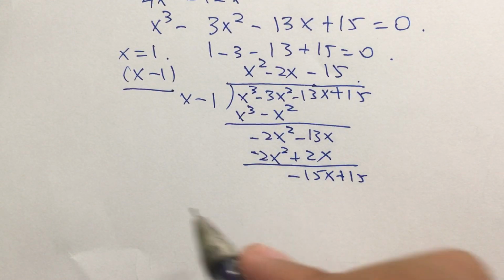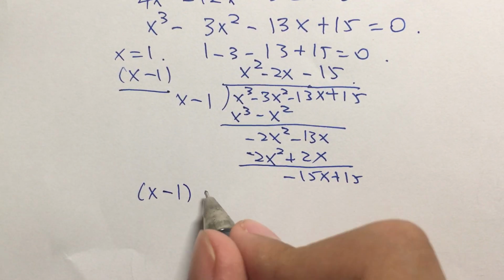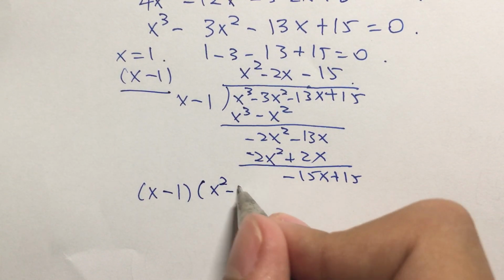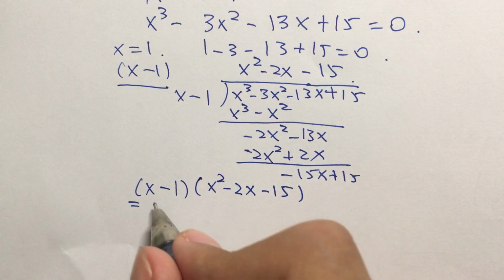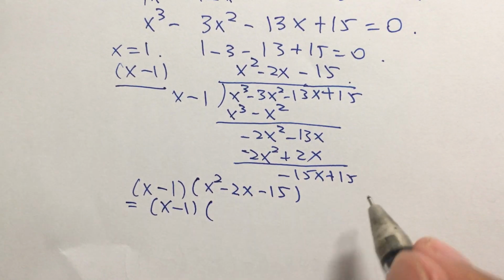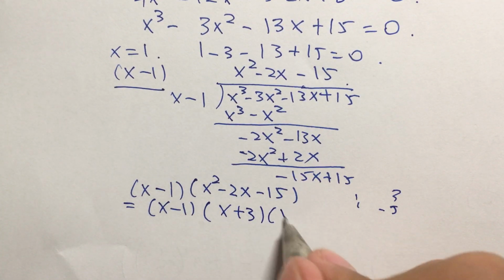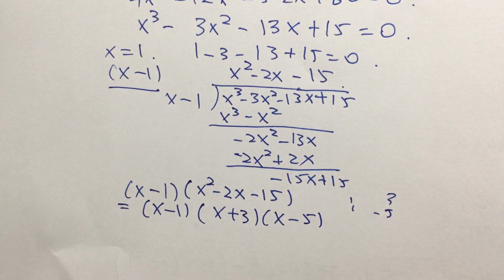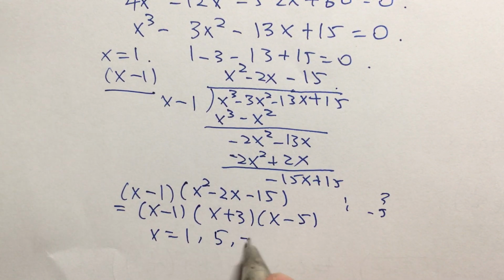This means that we got an equation which is x minus 1 times x squared minus 2x minus 15. And this is equal to x minus 1 times, well, 3 times 5, which is x plus 3, x minus 5. So our x coordinates are 1, 5, negative 3.